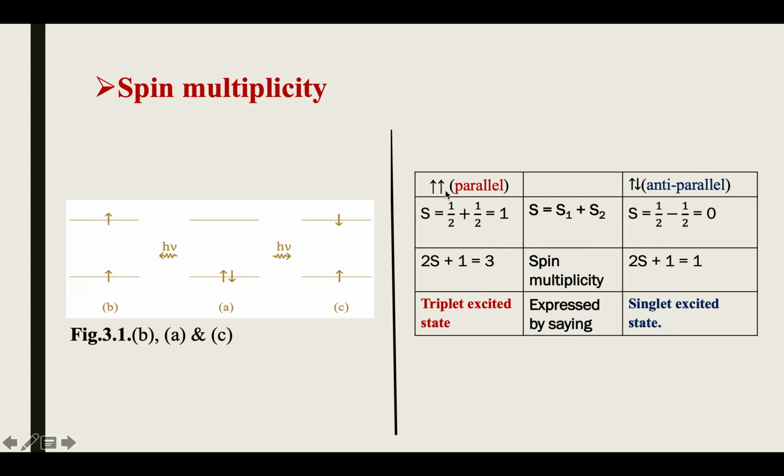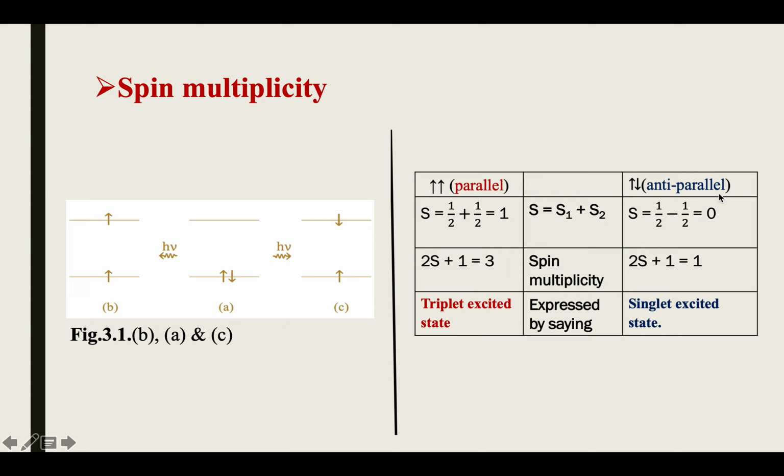If spins are parallel, then your S value comes equal to 1, so plus half plus half equals 1. So your total spin multiplicity by the formula 2S plus 1 comes as 3. So we call it the triplet excited state. So this figure B has the triplet excited state.